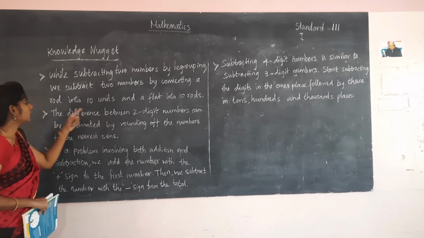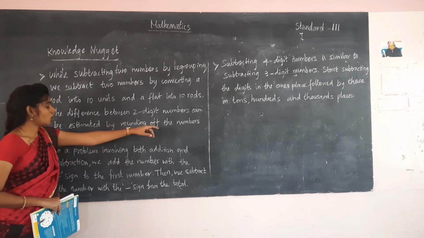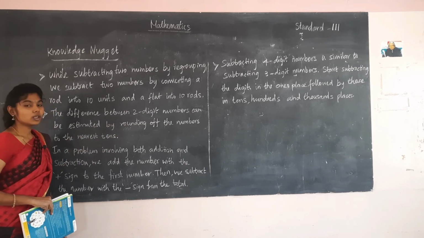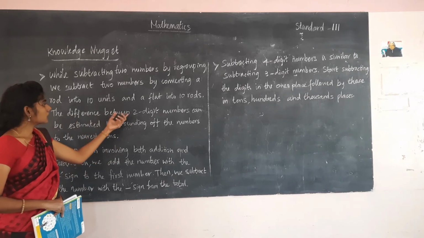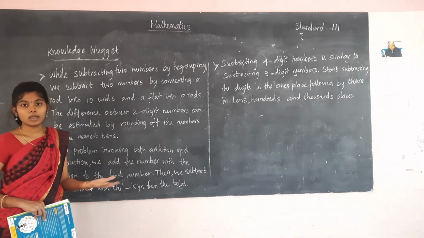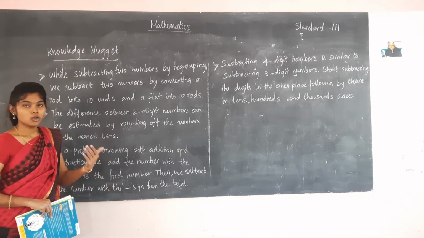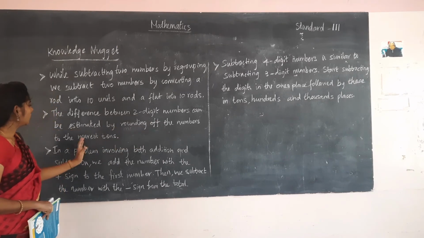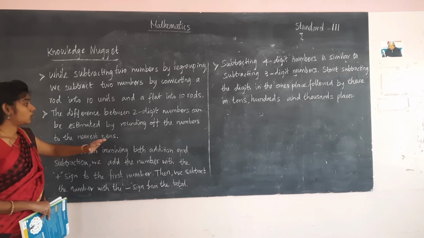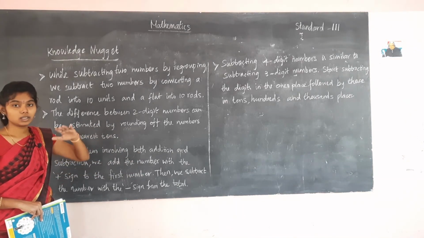The next one is that the difference between two digit numbers can be estimated by rounding off the numbers to the nearest tens. So how will you estimate? We have to round off the numbers first and then subtract. In addition we add the numbers, and here the difference means subtraction.